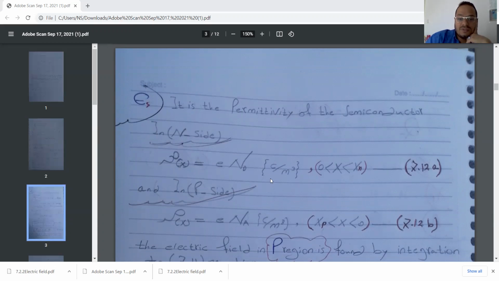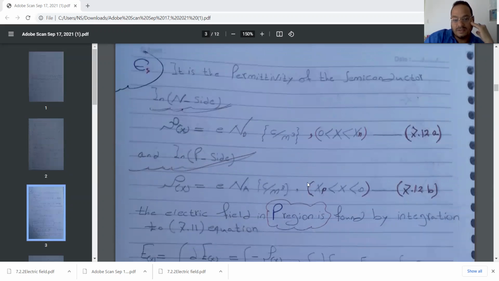Its unit will be coulomb divided by centimeter to the power 3, or meter to the power 3, I'm not sure. The limit here is x bigger than 0 and smaller than the width of the depletion region on the n type. This will be 7.12a, and in the p side it will be 7.12b.